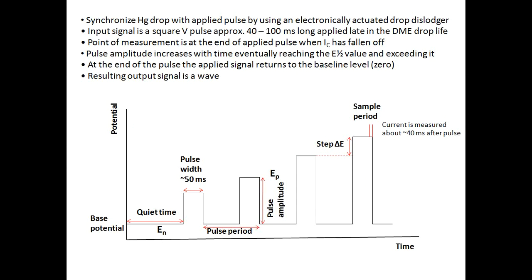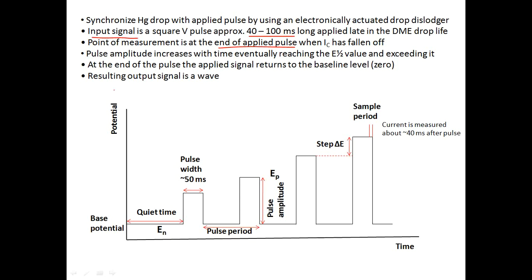Automatically at a particular time, the mercury drop is dislodged from the electrode into the cell, and the input signal, the potential signal applied, is a square potential pulse of approximately 40 to 100 milliseconds, applied onto the mercury drop. The current is measured at the end of the applied pulse, where the capacitive current is totally negligible, having fallen off.